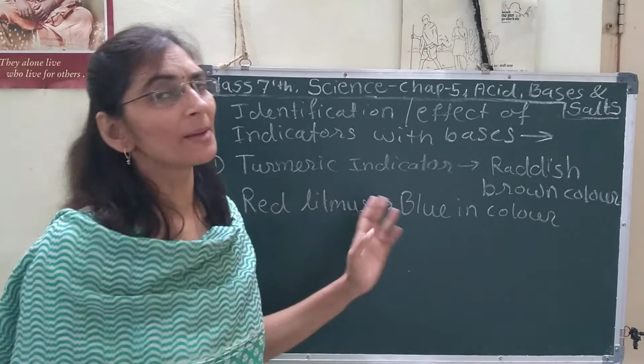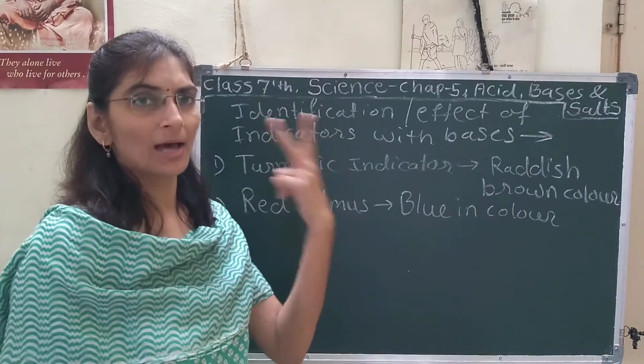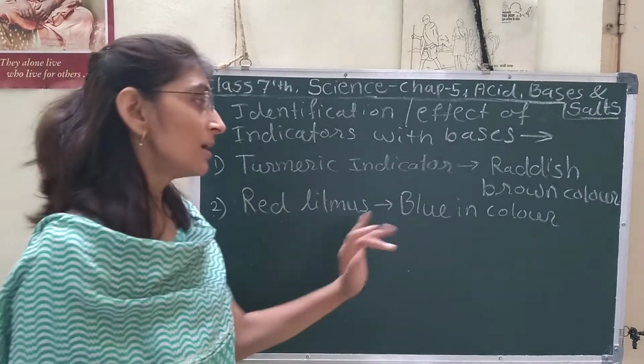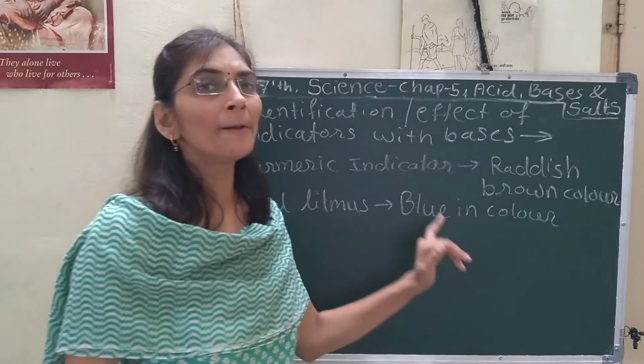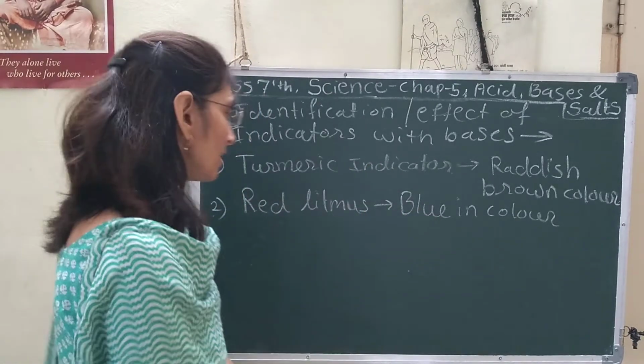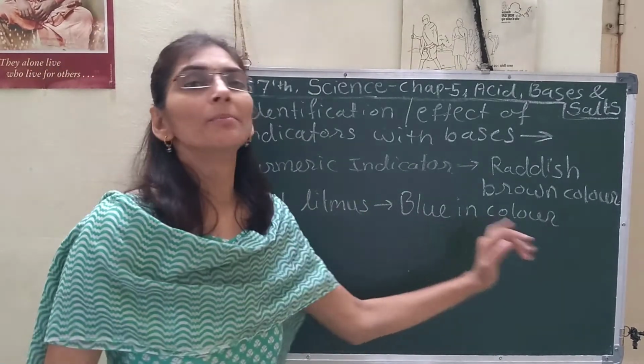The blue litmus paper will not change its color, as litmus papers are of two types: one is blue litmus paper, another is red litmus paper. But the blue litmus paper will not get affected here. So the red litmus paper will change its color into blue.